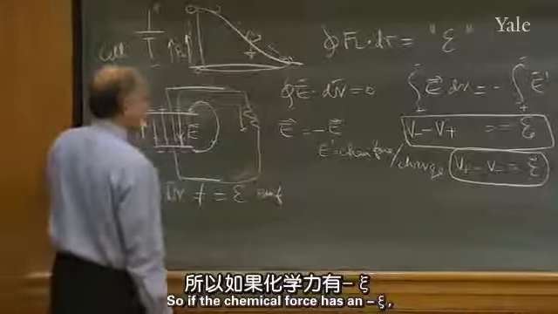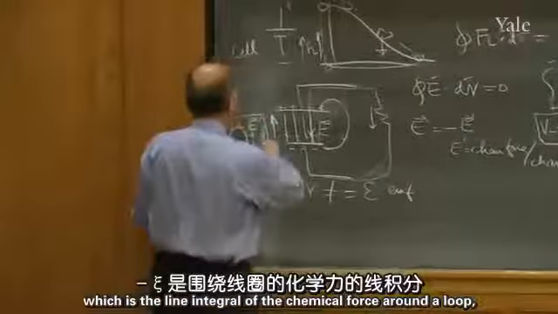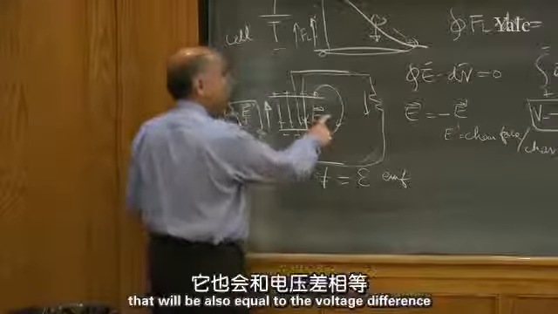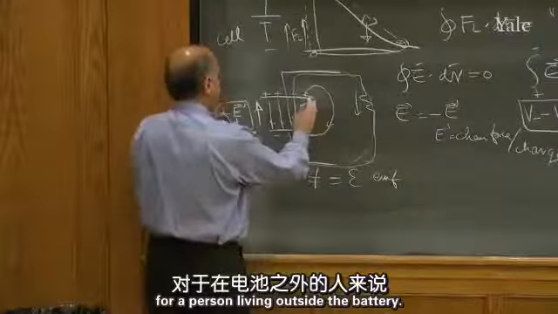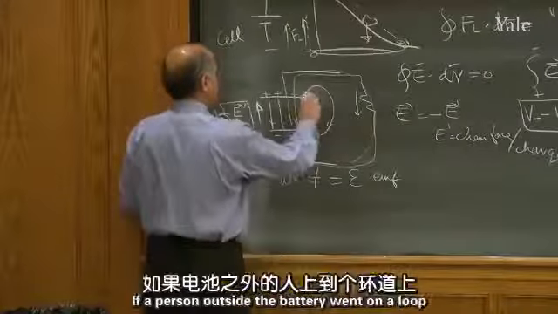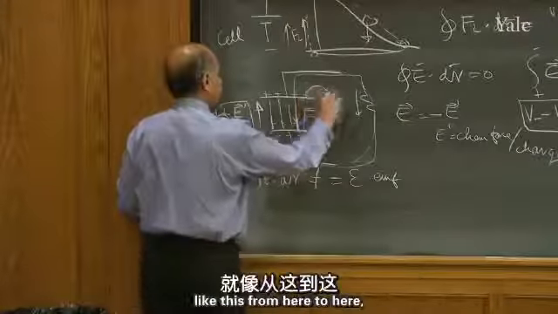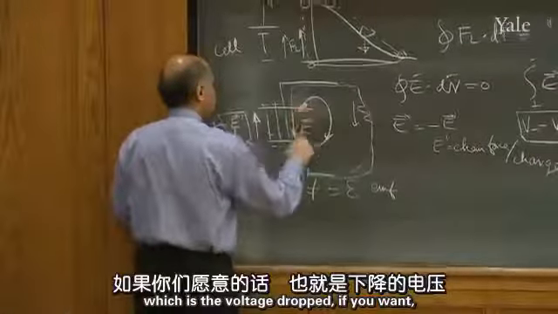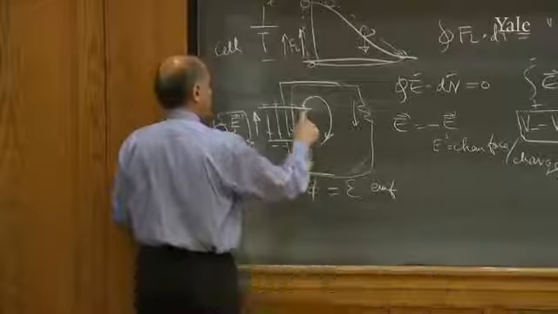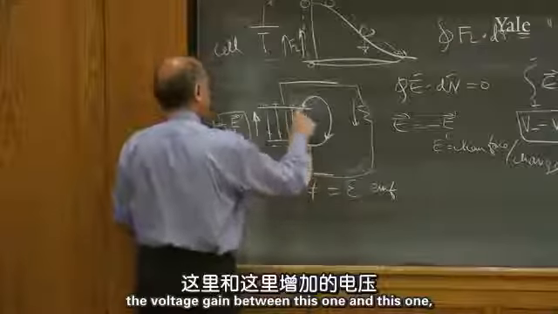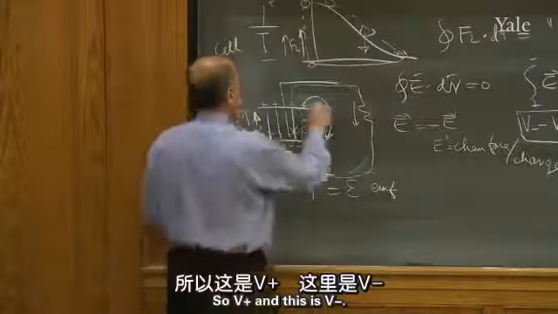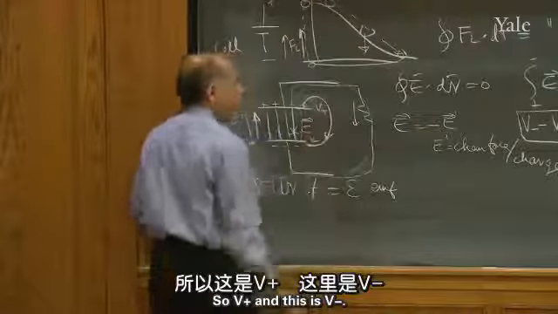So if the chemical force has an EMF, which is the line integral of the chemical force around a loop, which is basically inside the battery, that will also be equal to the voltage difference for a person living outside the battery. If a person outside the battery went on a loop like this from here to here, the line integral done by the electric field, which is the voltage drop, or if you want the voltage gain between this one and this one, will be exactly equal to the EMF. So V plus, and this is V minus.